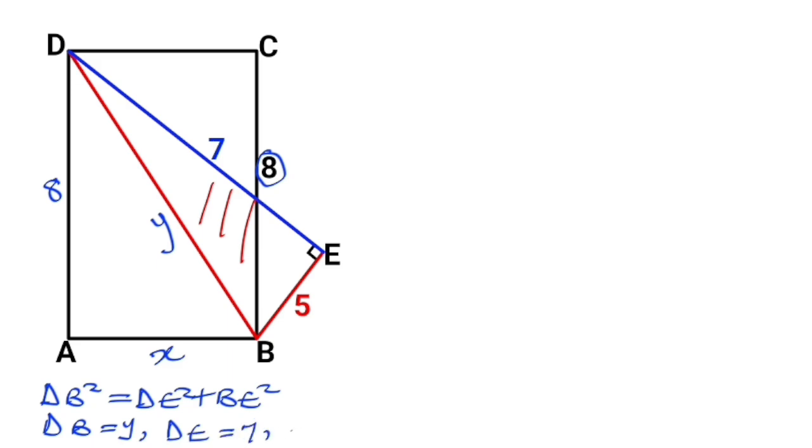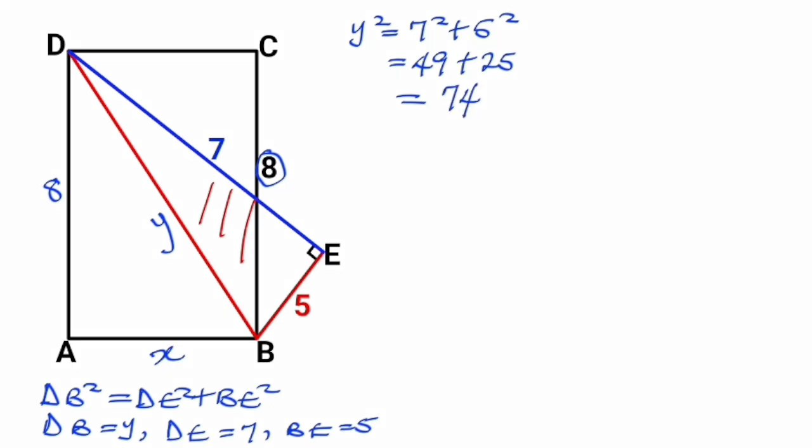And BE is 5. Plugging in these values, we have Y squared is equal to 7 squared plus 5 squared. Calculating 7 squared, we get 49. And for 5 squared, we get 25. 49 plus 25 equals 74. Hence, Y squared is equal to 74.